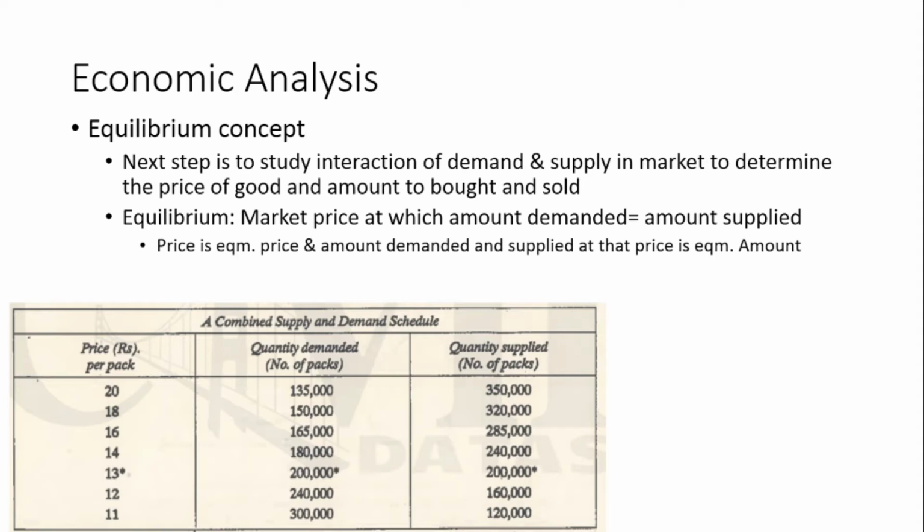At rupees 13, we can see the quantity demanded is 2 lakh packs and the quantity supplied into the market is also 2 lakhs. So both quantities are the same. We can consider this the equilibrium point and the price is the equilibrium price.